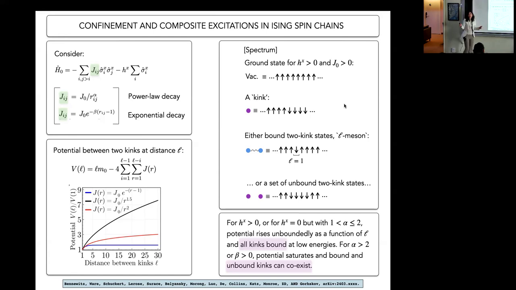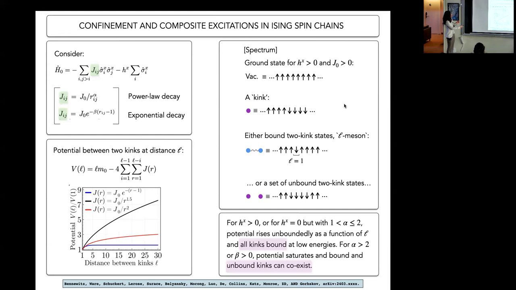So now you may ask, why do I say that these are bound as opposed to being unbound? Well, it depends really on the potential. You can look at the potential between the two kinks at distance L. And that would be this object. You can get it easily from this. This is just a constant and so on. And then you just plot it for different spin-to-spin interactions.